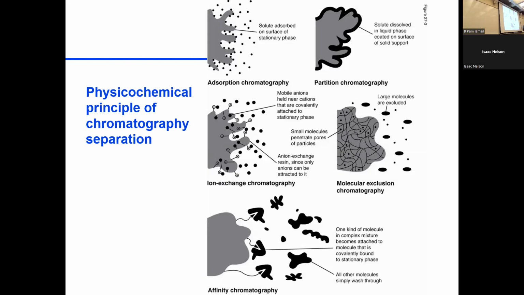After everything else comes out, you change the mobile phase. You enhance or increase the strength of the mobile phase in such a way that these will become unbound. And the way to change that, you can change the pH.